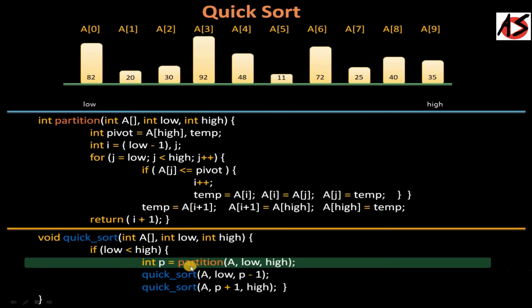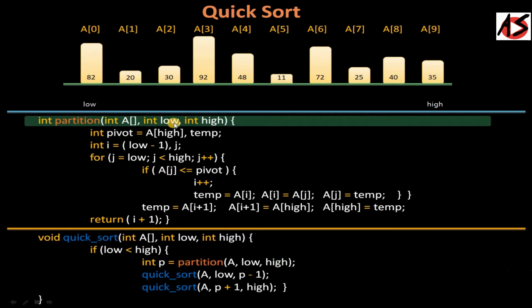So we go inside, and here we define one variable p, the final position of our selected pivot element, and we call the function to find that final position, partition with low and high. In the partition function we pass the array and the low and high values.